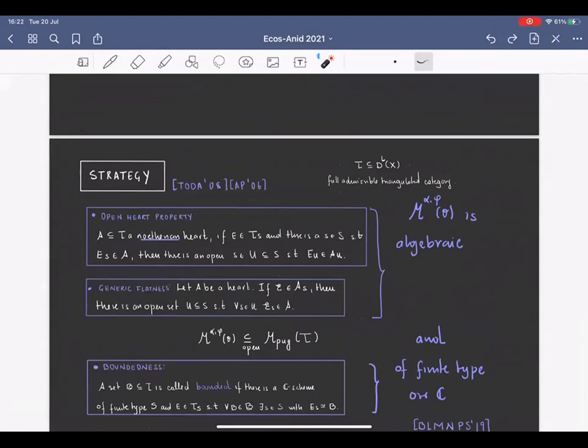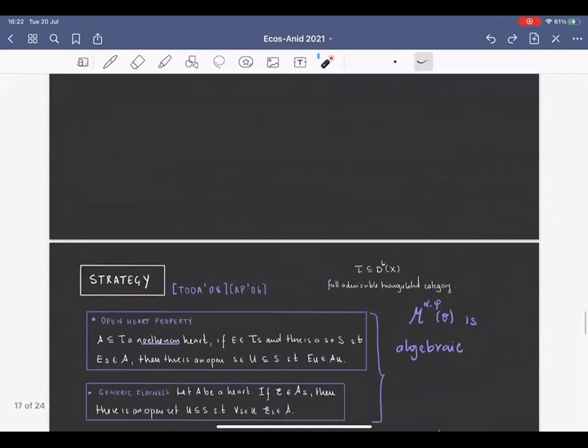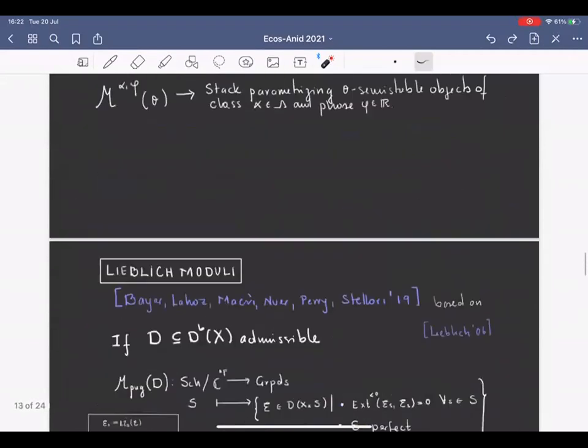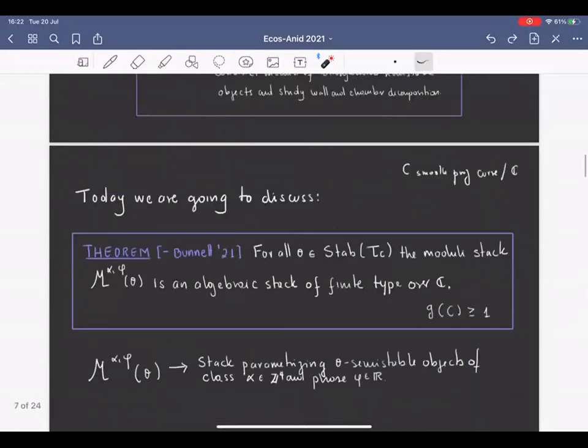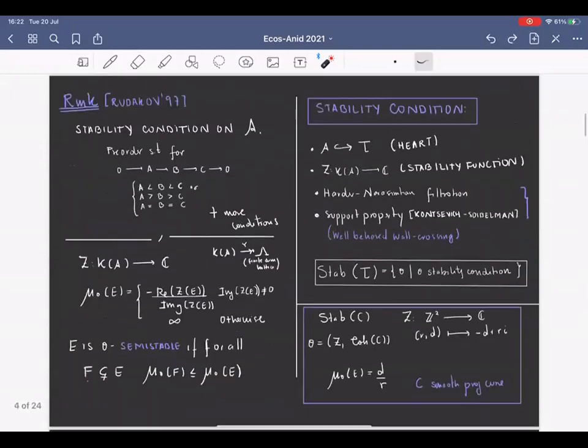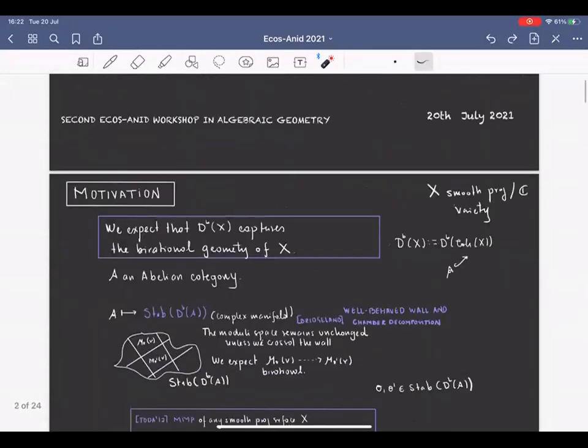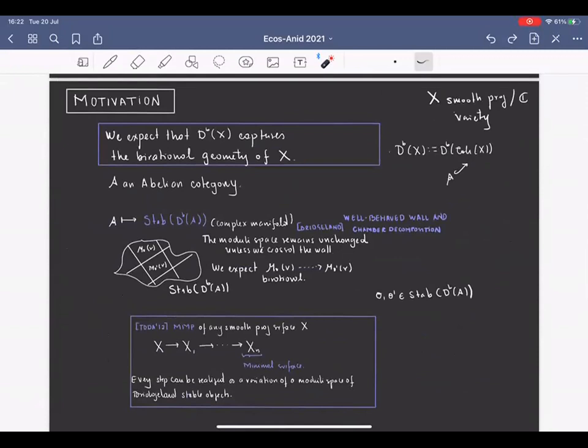And you mentioned at the beginning that the steps of the minimal model program can be viewed in terms of stability conditions. In this case, does the description of this stack help in this direction, or do you think it needs to be processed further? This minimal model program for surfaces is already done by Toda, and it works well.